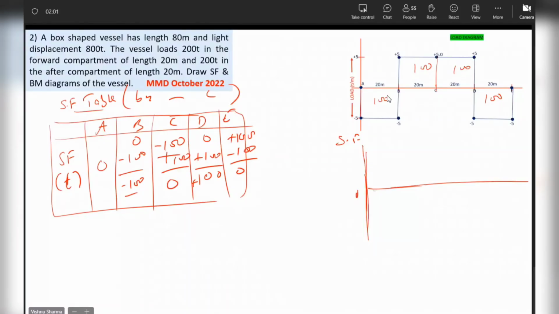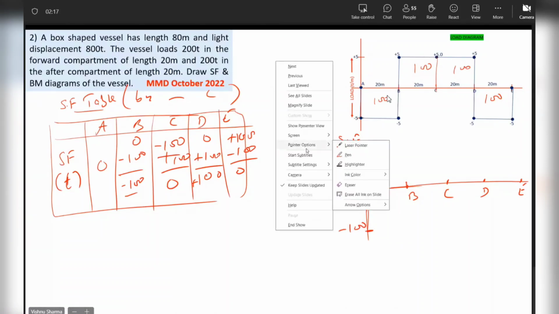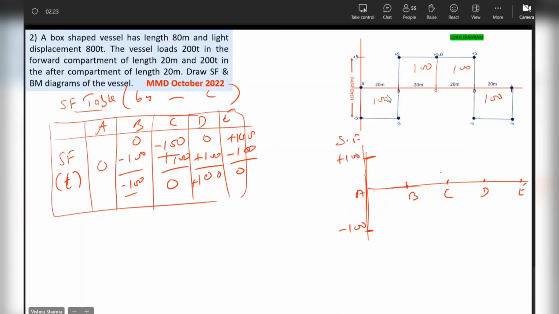You take the points A, under B I have B, C, D, and E. I take plus 100 shearing force, I take minus 100 shearing force. And since I'm adding the areas under horizontal lines, area is changing at a uniform rate. So the shearing force diagram shall comprise of slanting straight lines.